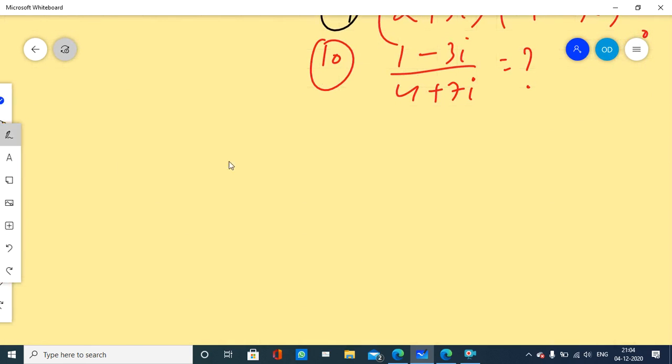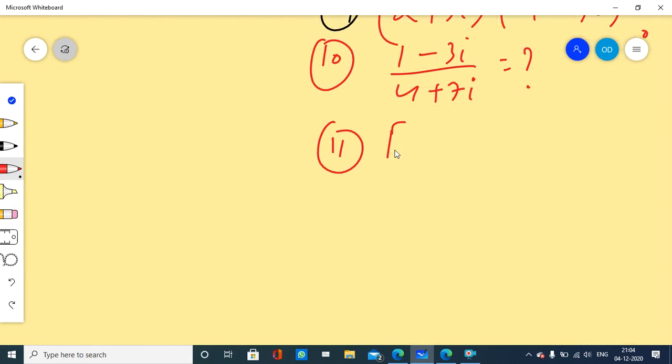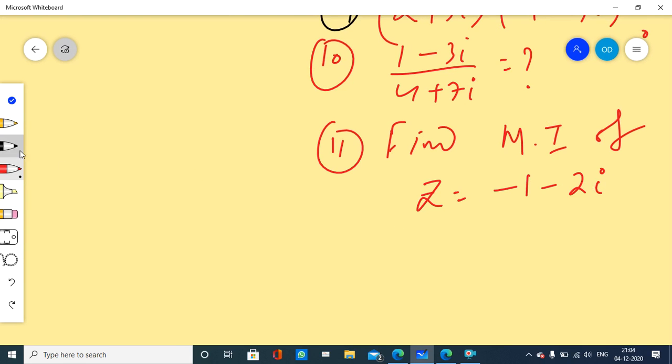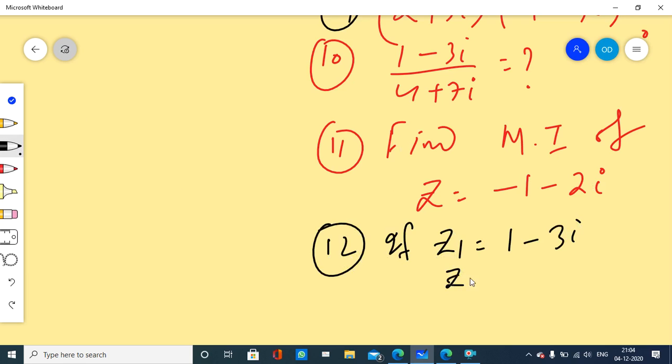Then you will find the multiplicative inverse of z is equal to minus 1 minus 2i. Keep in mind, it is multiplicative inverse. Then find, if z1 is equal to 1 minus 3i, z2 is equal to 1 plus 3i.